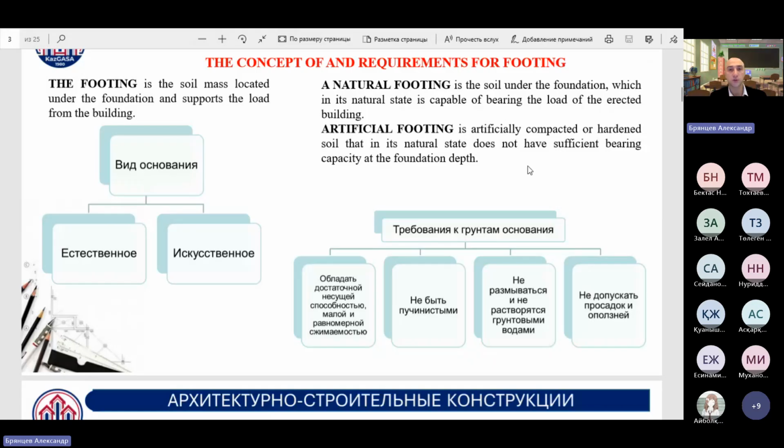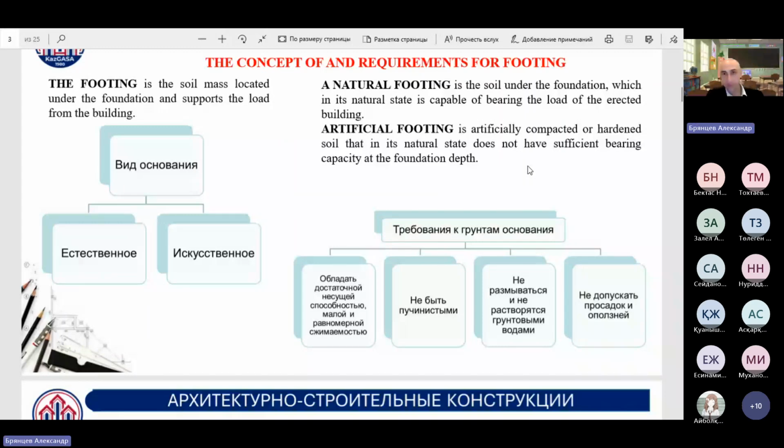Artificial foundations are applied when the soil requires special preparation, like compaction, strengthening, or replacement, due to insufficient strength or stability.